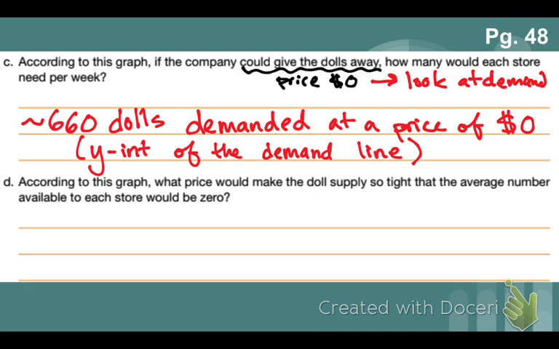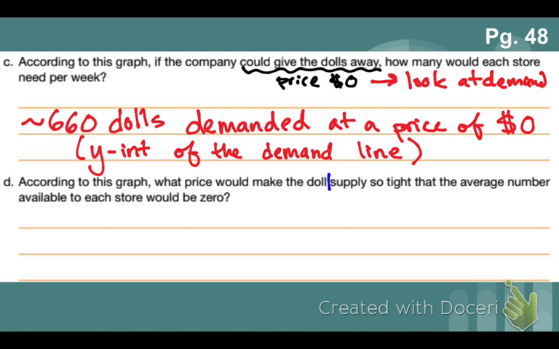The supply is so tight that the average number available to each store would be 0. What do we notice in that question? What is it asking us to find? What is this problem asking us to find? The price when the doll supply would be 0? The price when the doll supply would be 0.